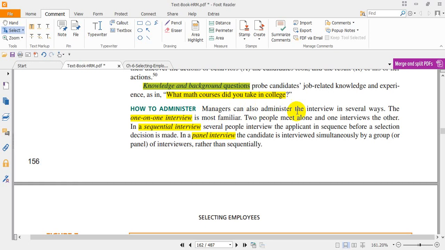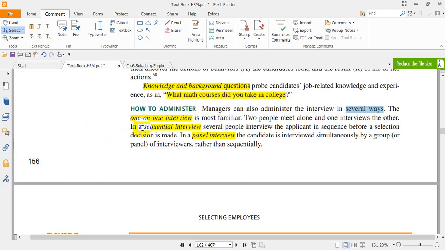Managers can administer the interview in several ways. The one-on-one interview is familiar. Two people meet alone and one interviews the other. The interviewer and the interviewee. One-on-one. The interviewer on one side and the interviewee on the other side.